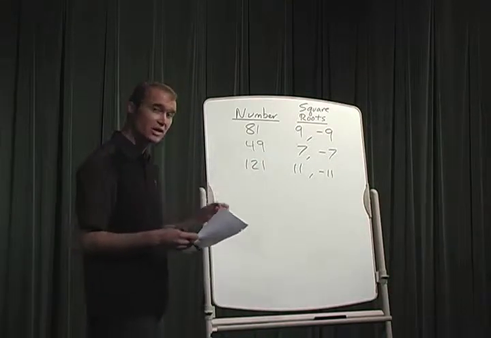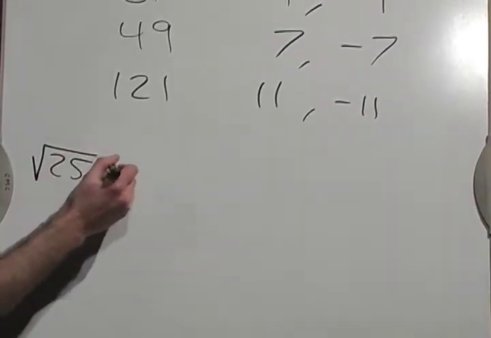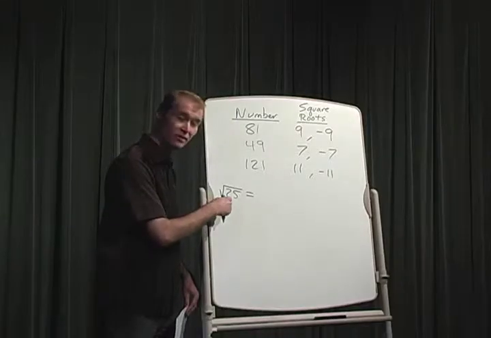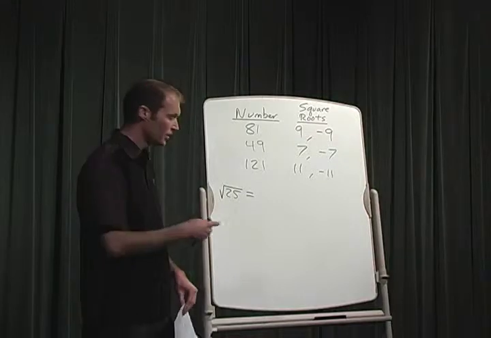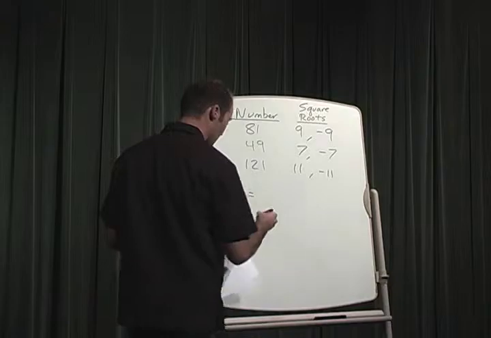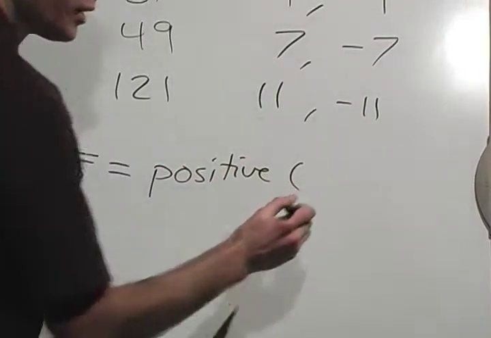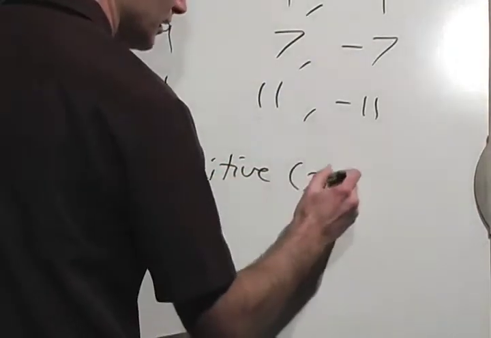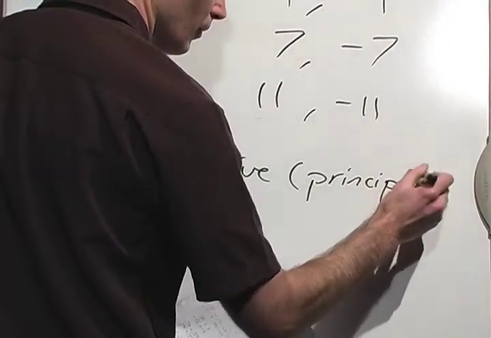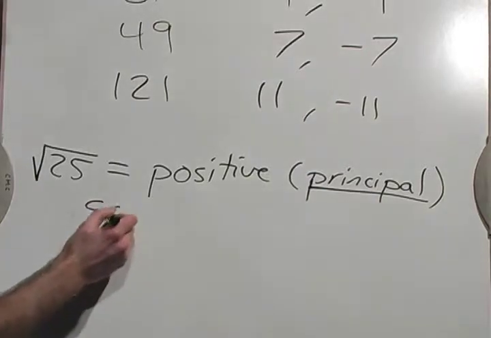Here's the way that we denote each of them. The way I pronounce this is the square root of 25, or for short I might just say root 25. And this is going to represent the positive, or it's often called the principal, square root of 25.